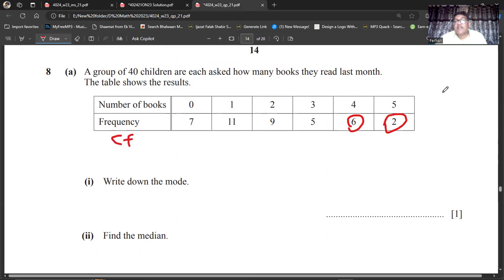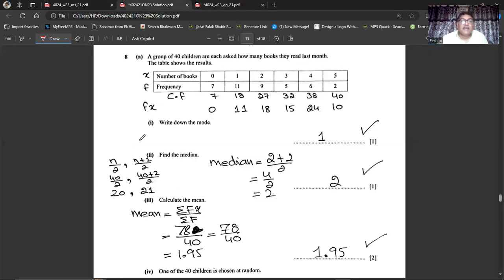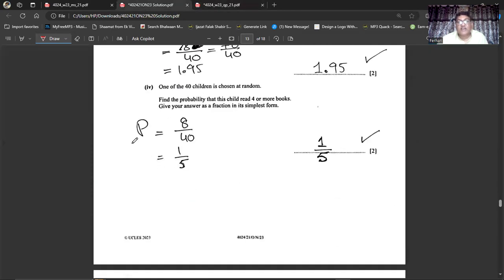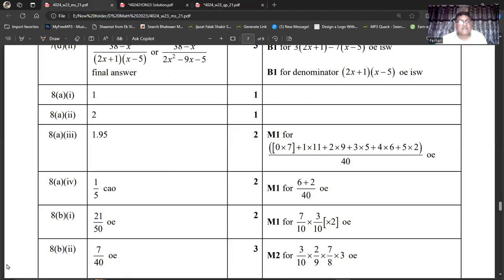So you add them up, they are 8 people, and the total people in this survey are 40. So the probability will be 8 by 40, and that will be 1 by 5. So 1 by 5 is the answer, and that is right.